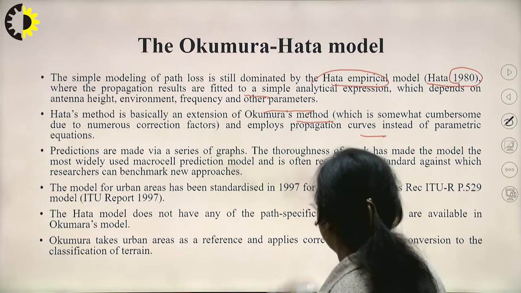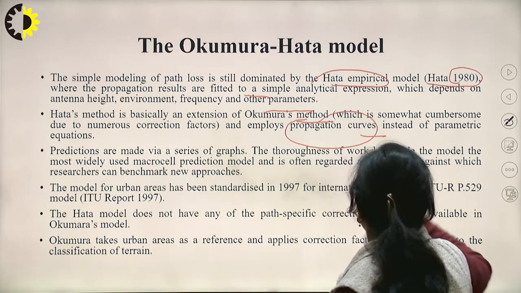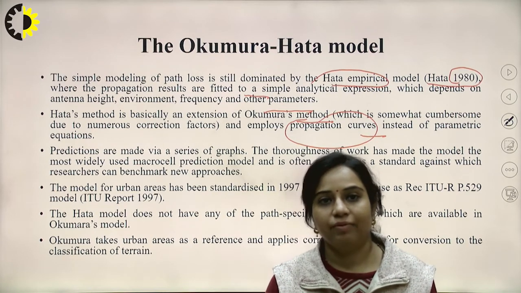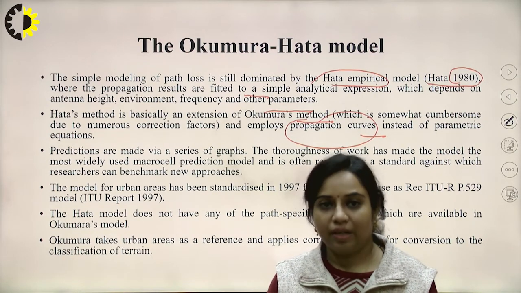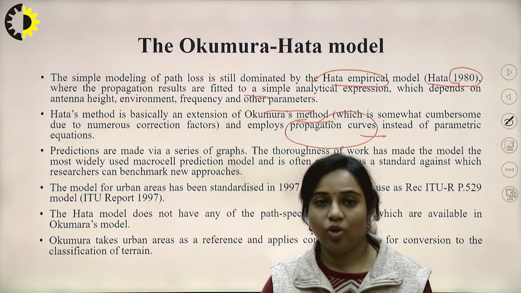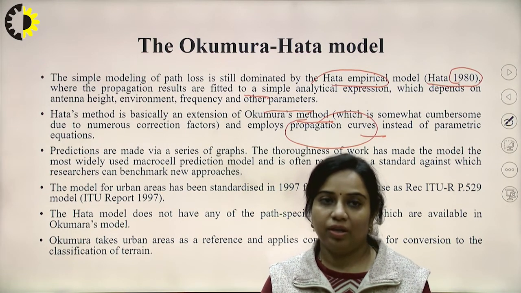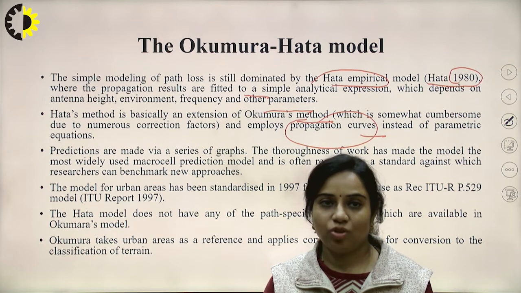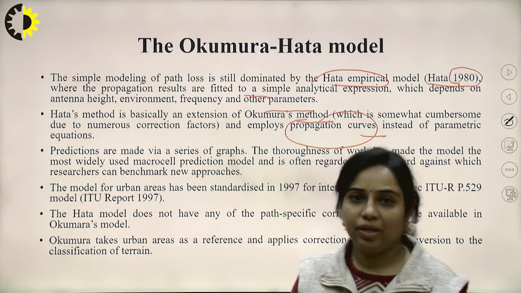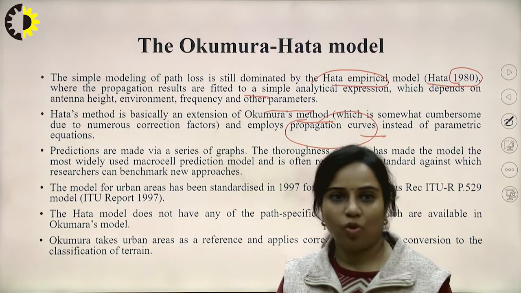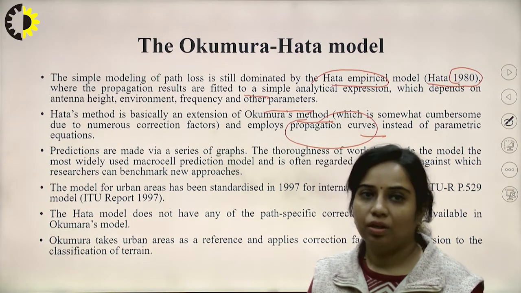In the Okumura model, every time you have to make corrections, updated depending on the terrain. It is not fixed, so it is time consuming, whereas the Hata model depends on the propagation curves only, which are quite constant compared to the Okumura model.